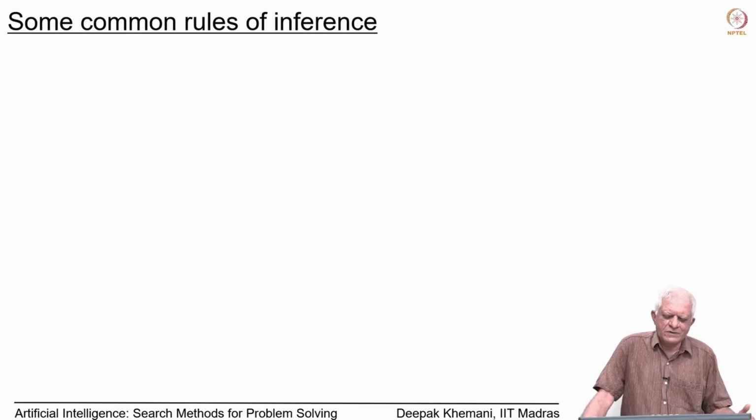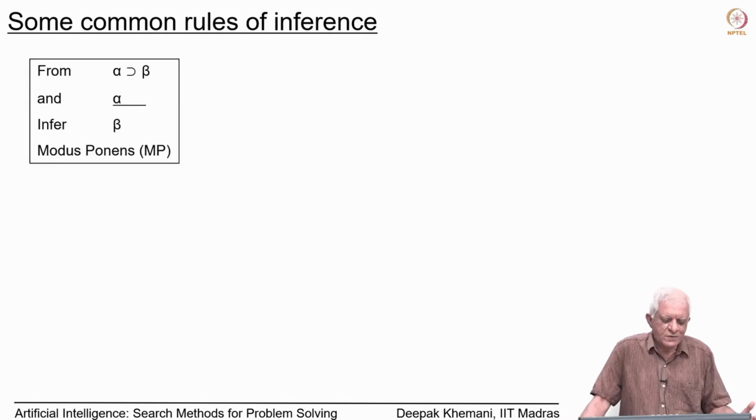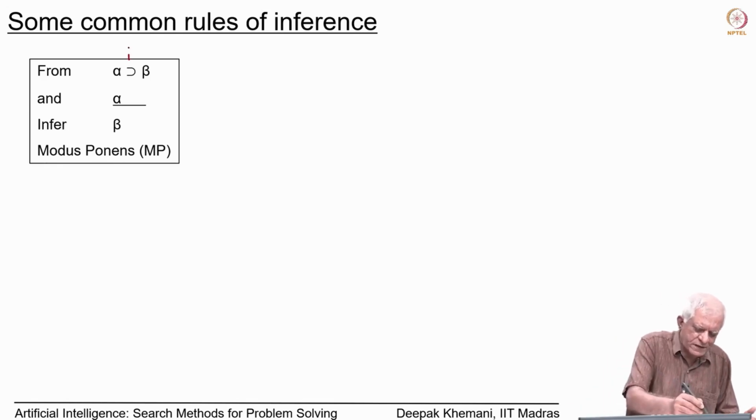So, here are some common rules of inference that you must have surely studied when you studied logic. The most common of them is called modus ponens, as you no doubt are familiar. It says that if you are given two statements, one statement is alpha implies beta, that symbol that you see here you should read as implies.